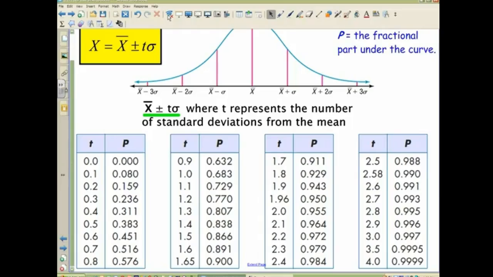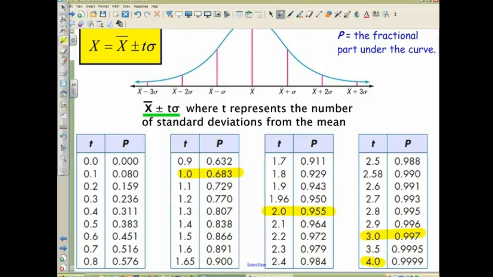If you take a look at 1, you'll notice that at 1, it comes in at 0.683. 68.3% of the data lies 1 standard deviation above or below the mean, just like we had pointed out earlier. When we're at 2, we're at 95.5% of the data. When we're at 3, 99.7% of the data.